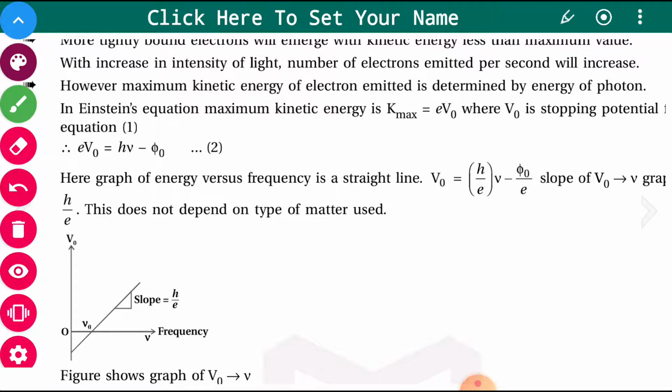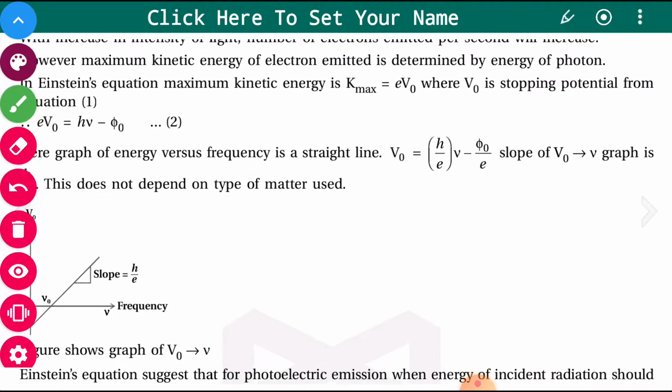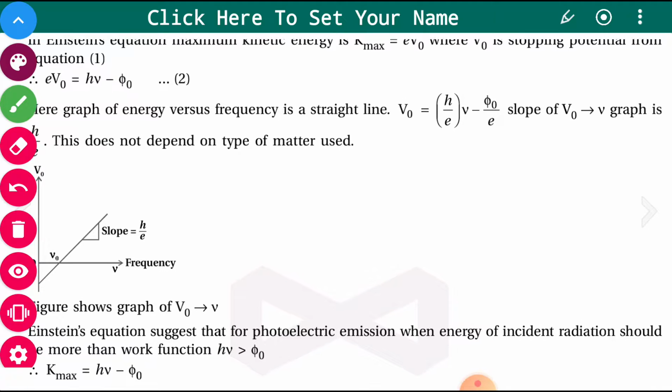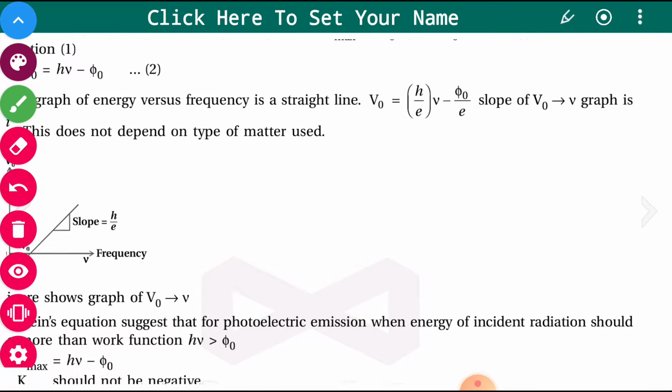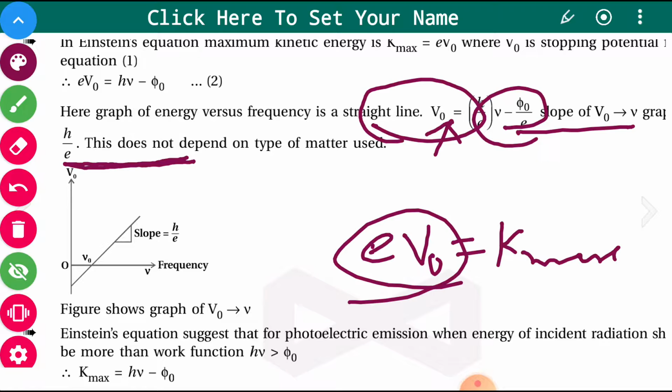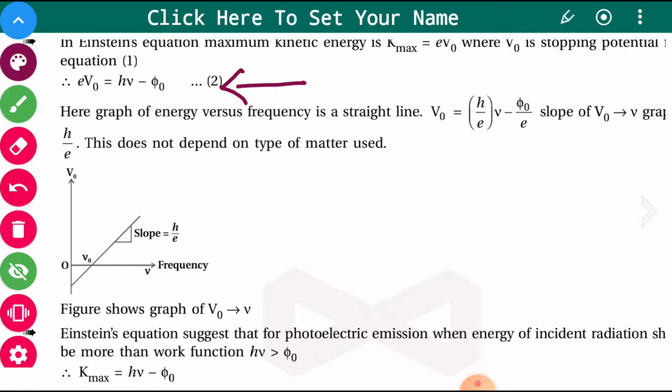Here, the graph of stopping potential versus frequency is found to be a straight line. If you make V0 the subject of the formula in this equation, then e will come in the denominator of both these terms. So it becomes h upon e into nu minus phi 0 upon e, and the slope of this graph of V0 versus frequency is found to be h upon e.